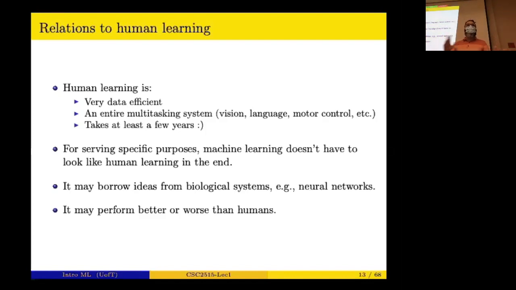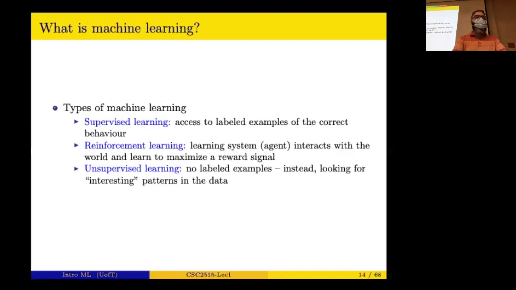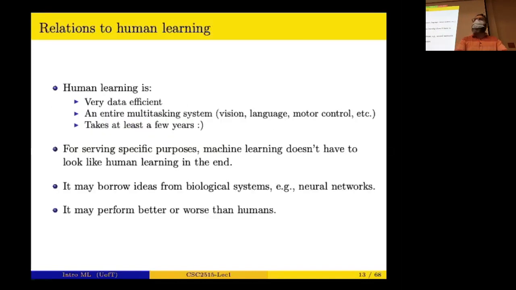Conceptually, they behave the same, but they are not the same. And a machine learning system may perform better or worse than humans. Ten years ago, I would say that most machine learning systems would perform worse than humans, but there are certain things that I think they can do better than humans, some specific tasks. Okay, so is there anything that you want to discuss?